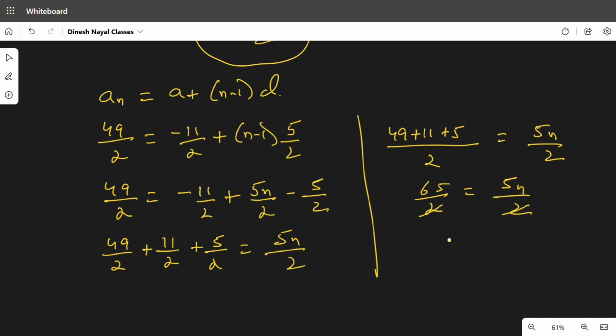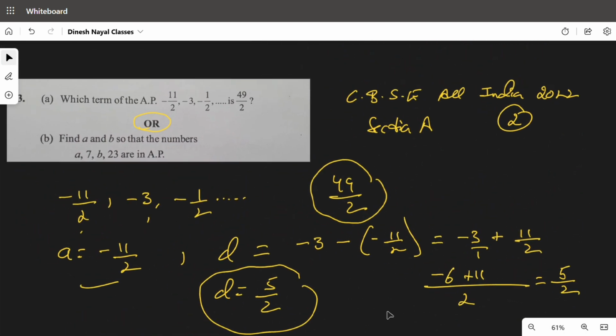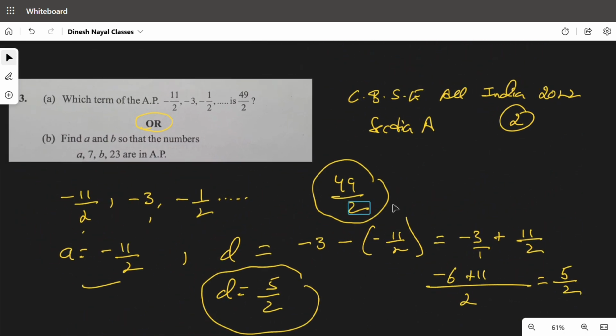These two will get cancelled, so you have 65 equals 5n. Now we can calculate n. You just cross multiply, so n is 65 by 5, and if you cancel them, this will be 13. So the answer is 13. That means the 13th term is 49 by 2.